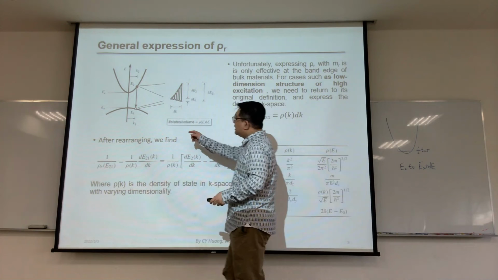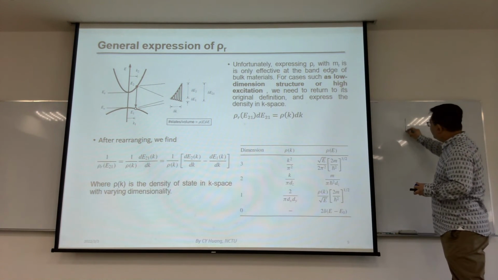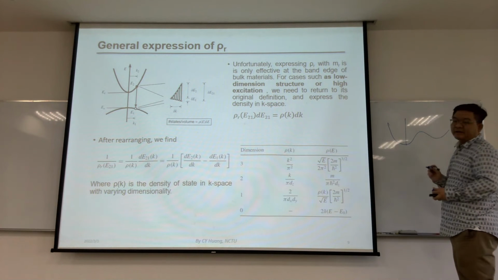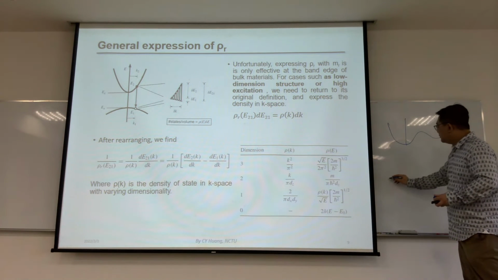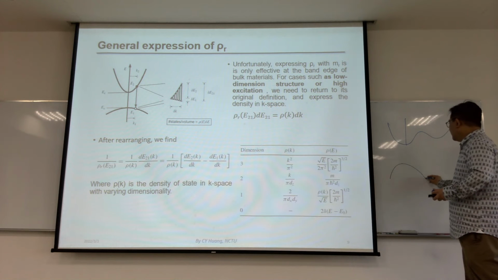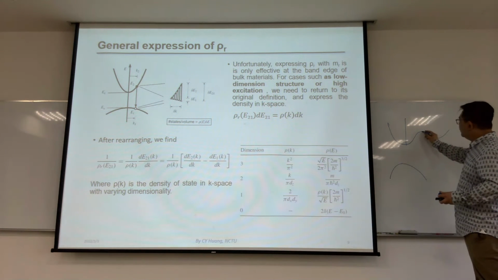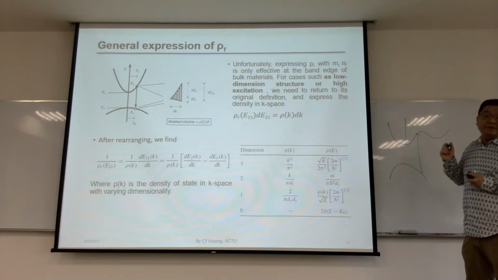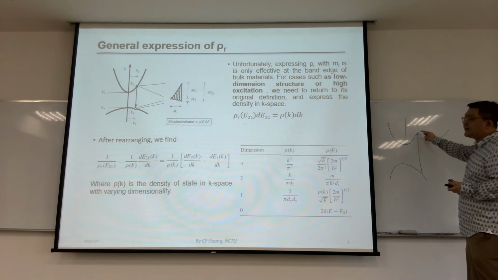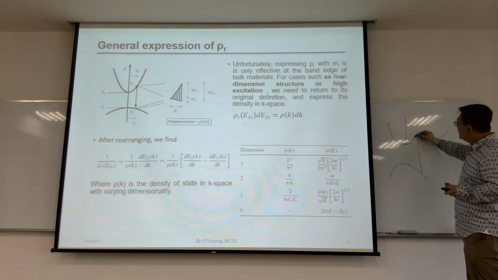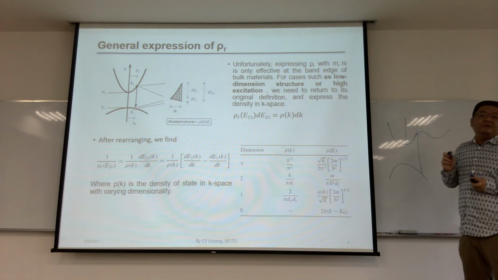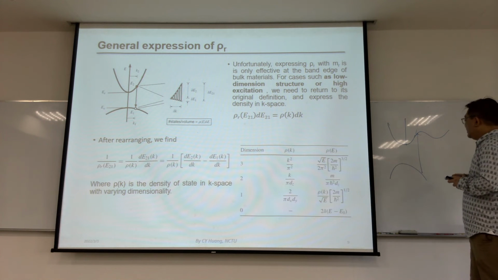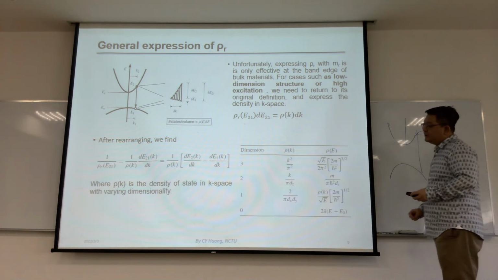For example, if the band is something like this, this is the conduction band and this is the valence band, and we'd like to know the transition rate from here to here. How do we evaluate its real density of states? Since this part deviates from the parabola very much, the original density of states is not correct.